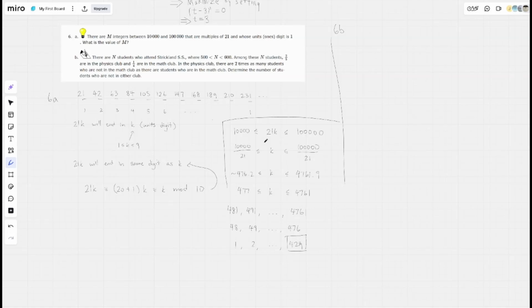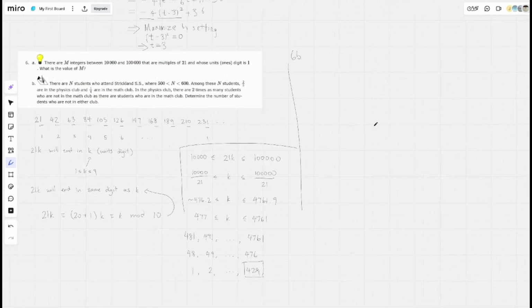A very good way to model this information is with a Venn diagram. So let's draw a Venn diagram. We're going to let this one be P, this one be M, for physics and math.